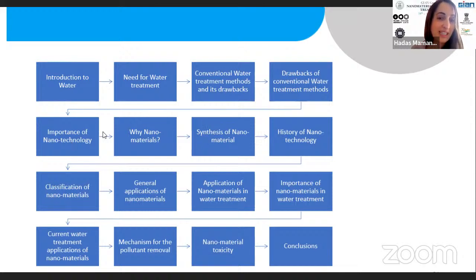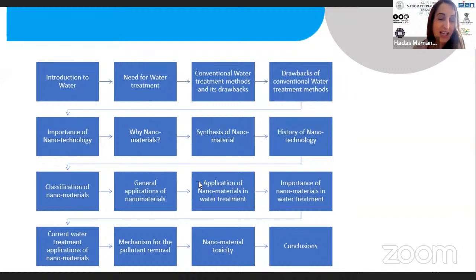Then we discussed why nanotechnology or nanomaterials. We discussed a little bit about synthesis, because the course goal was not to discuss synthesis, it's to discuss the interaction between nanotechnology and water in the aquatic environment. We didn't discuss so much the history, but a little bit the classification of nanomaterials, the general application of nanomaterials, and the application of nanomaterials in water treatment.